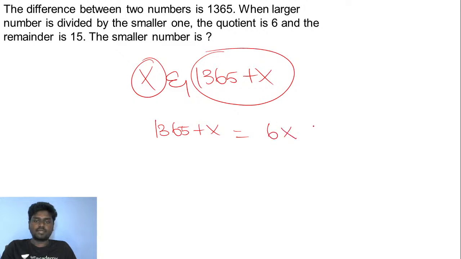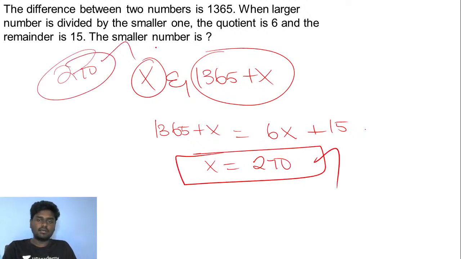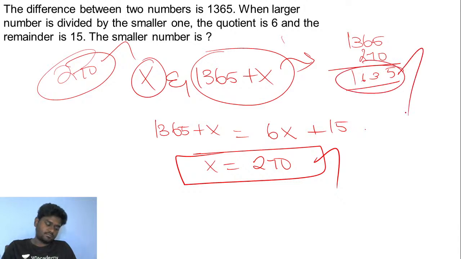So 6 times (x + 15)... this will give me the value of x to be exactly 270. So the answer for this question, the smaller number is 270, and the larger number, if you add 270 to this, that is 1365 + 270, it's going to be 1635. That's it.